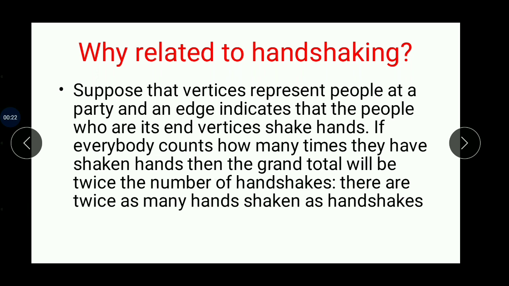So there are twice as many hands shaken as handshakes. So 2 times the number of handshakes is equal to the sum of the degrees of all the vertices, meaning the number of handshakers. So that's why this theorem is called the handshaking theorem.